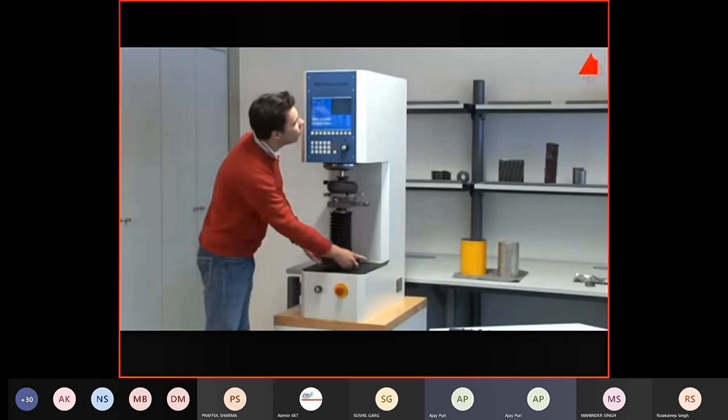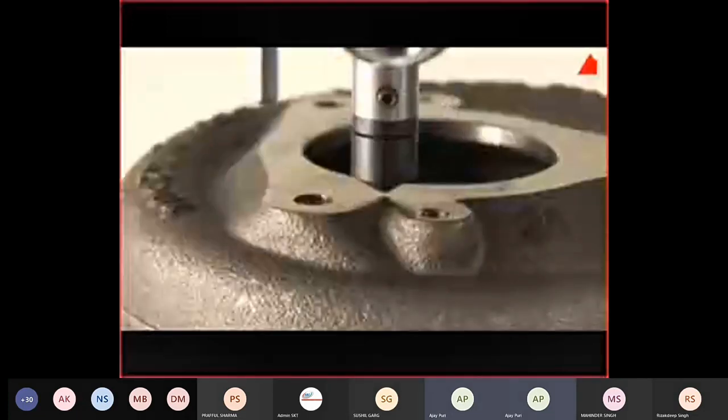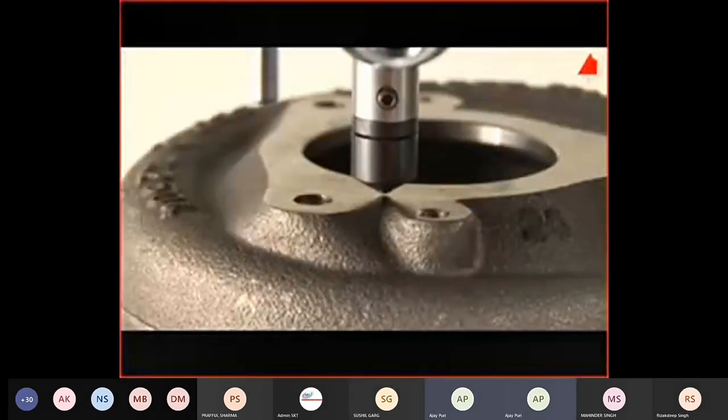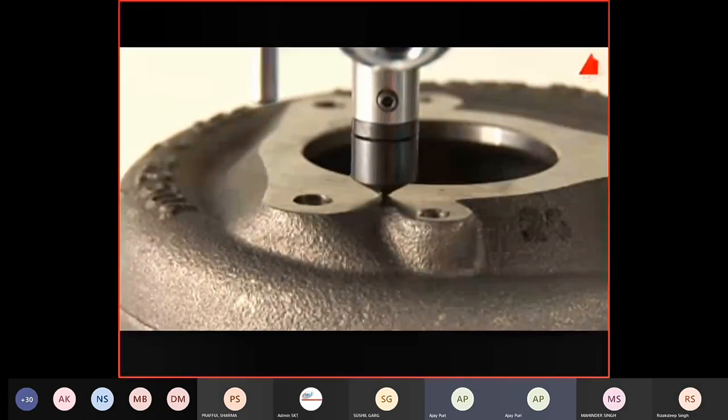After bringing the test piece surface into focus, he selects the exact spot where the hardness test is to be made. By pushing the start button, the hardness test procedure begins. The machine rotates the lens back to its resting position and places the spherical indenter carefully on the test piece surface. Gradually and shock-free, the test force rises to its specified value.